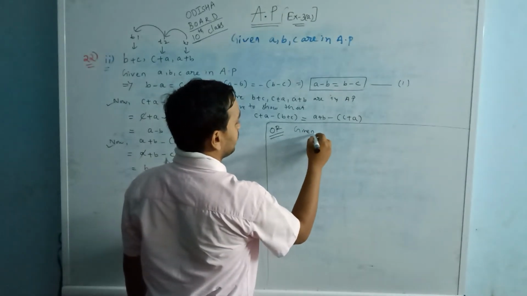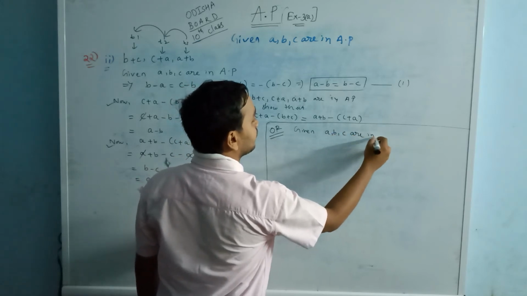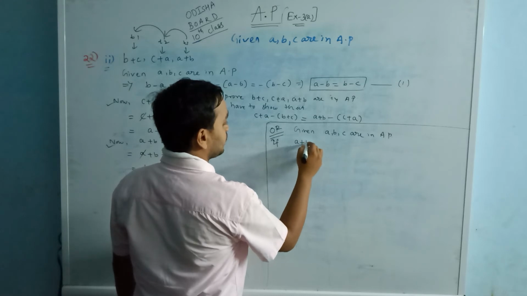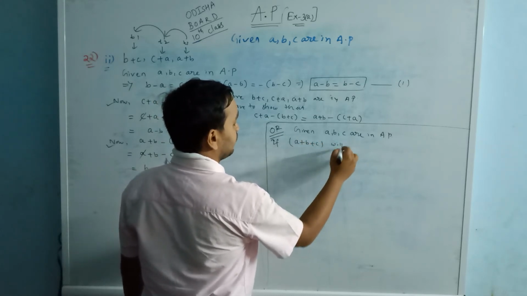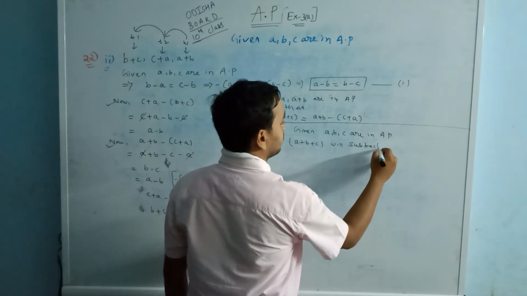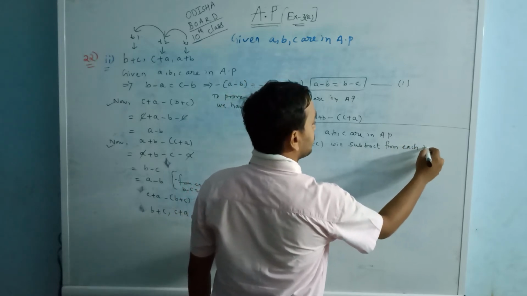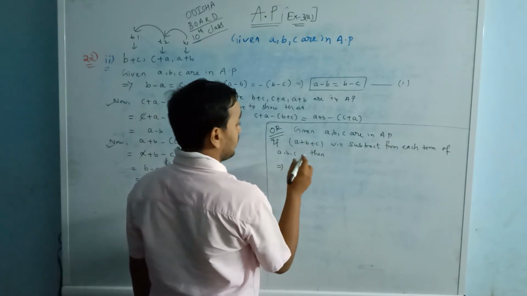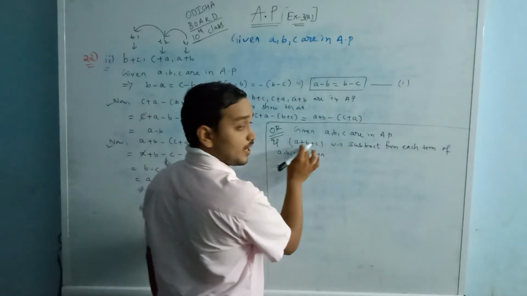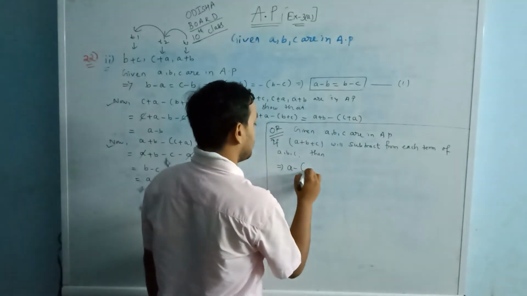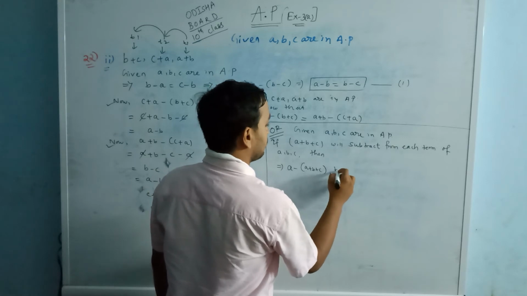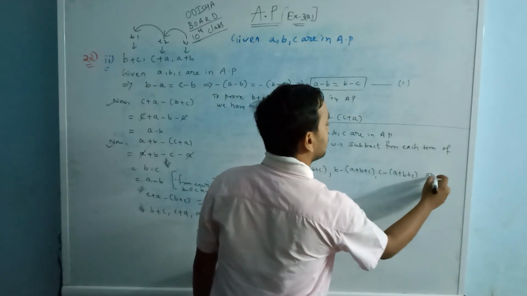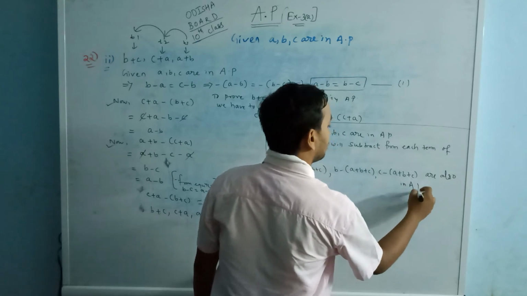Listen. Given A, B, C are in AP, if A plus B plus C will be subtracted from each term of A, B, C, then that means A minus A plus B plus C, B minus A plus B plus C, C minus A plus B plus C are also in AP.